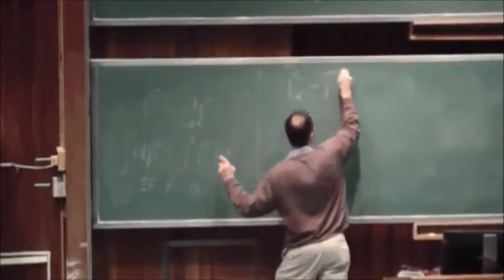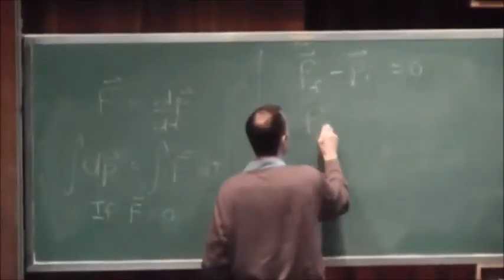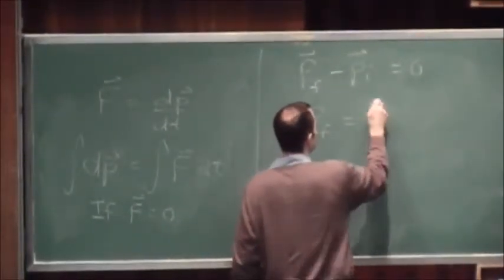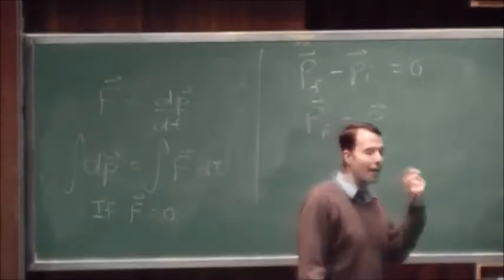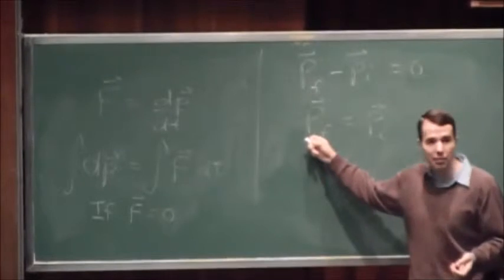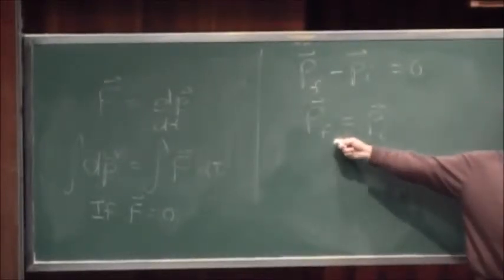If I just integrate this, P final minus P initial is equal to 0, means that P final is equal to P initial. So as long as we don't have any external forces operating on the system, then our initial momentum is going to be equal to our final momentum.